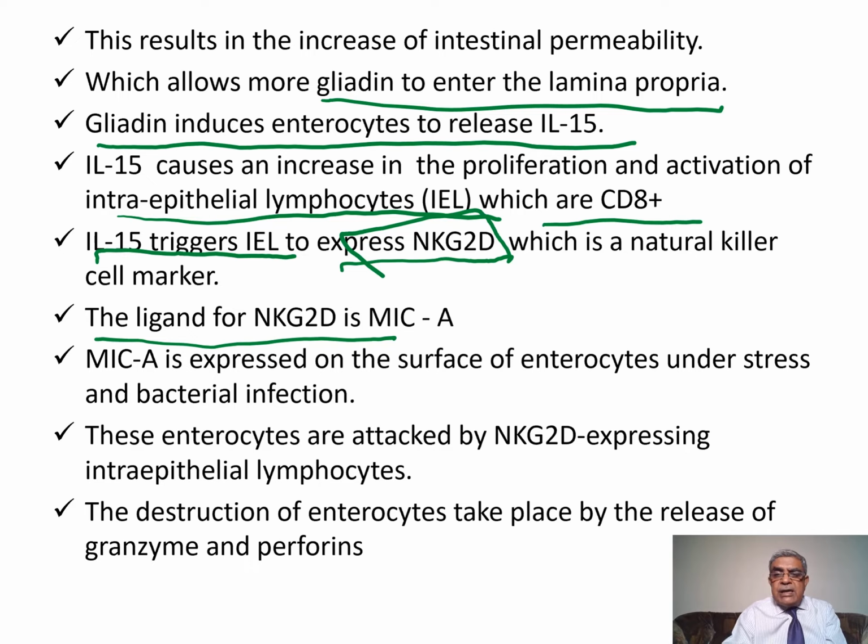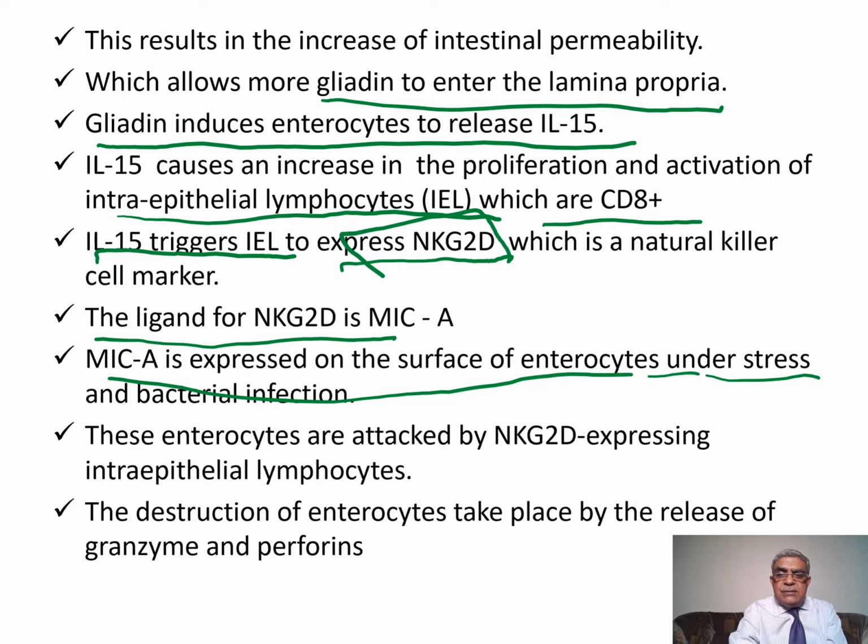Now, MIC-A is expressed on the surface of the enterocyte under stress and bacterial infection. It has been mentioned in the literature that exposure to an excess amount of gliadin is a stress itself.